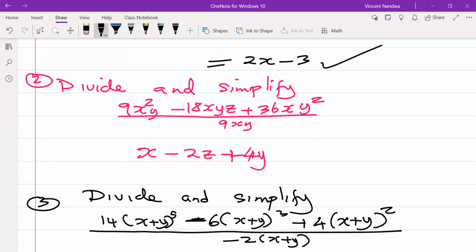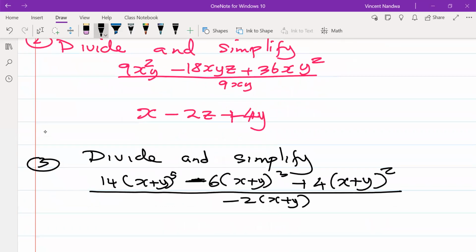So simplify that expression. Don't complicate it.